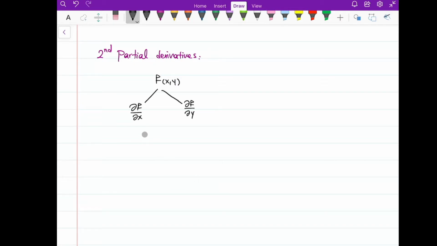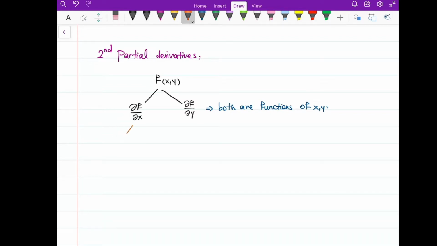The functions f sub x and f sub y, both of them are functions of x and y. So we can treat these two as functions of x and y, and now we can take the derivative of them again.